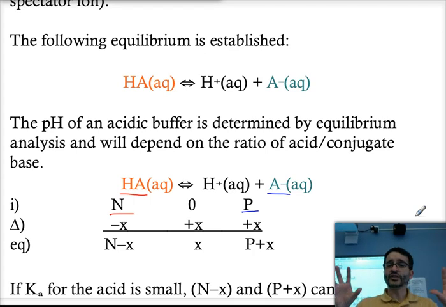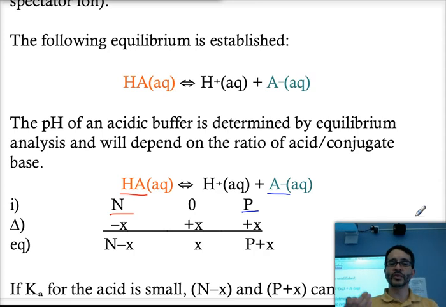All right. Now those are your initial concentrations. The concentration of the acid, which is N, the concentration of the conjugate base, which is P, and as this reacts, it doesn't really matter which way you're putting it, but hopefully it will be minus x, plus x, plus x, and you get values that the concentration at equilibrium for the acid is going to be N minus x, the concentration for H plus is going to be x, and the concentration for the conjugate base is going to be P plus x.